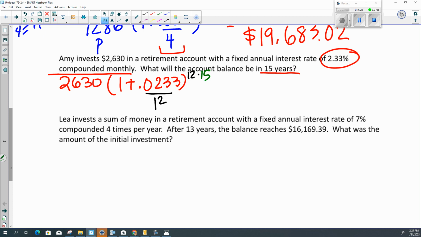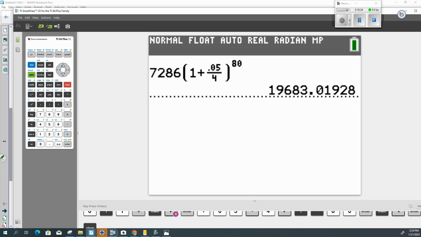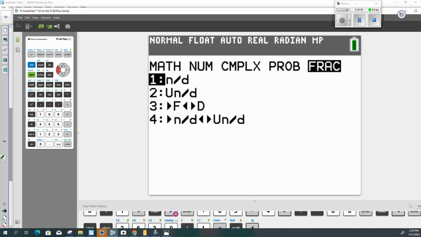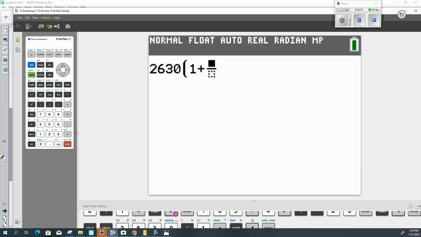So you can just type all this into your calculator. So we would start this one with the 2,630. 1 plus. If you don't know how to make a fraction, you can probably use the divide. I just think this looks nice. So if you don't know how to do this, let me know. I can show you on your calculator.